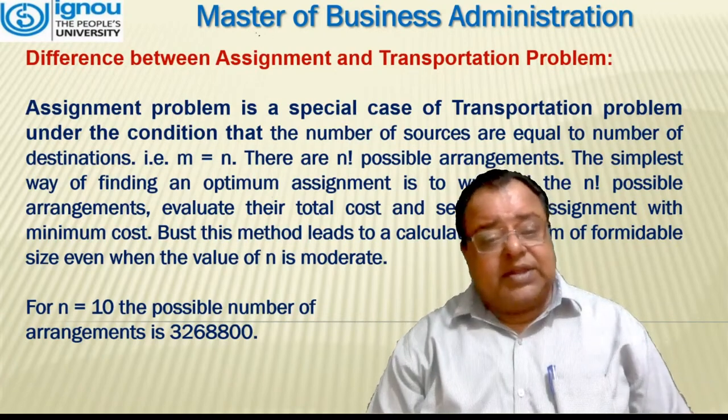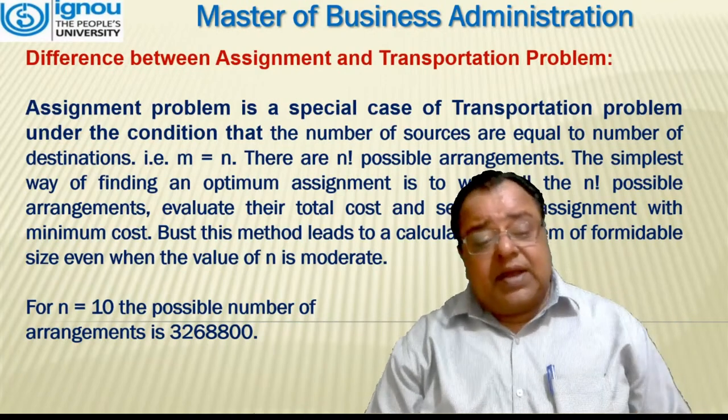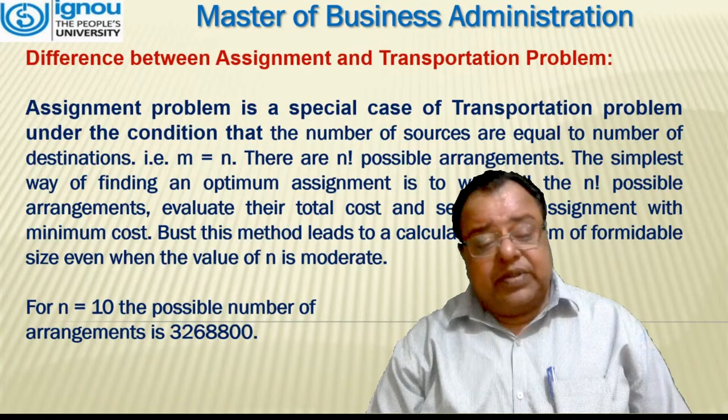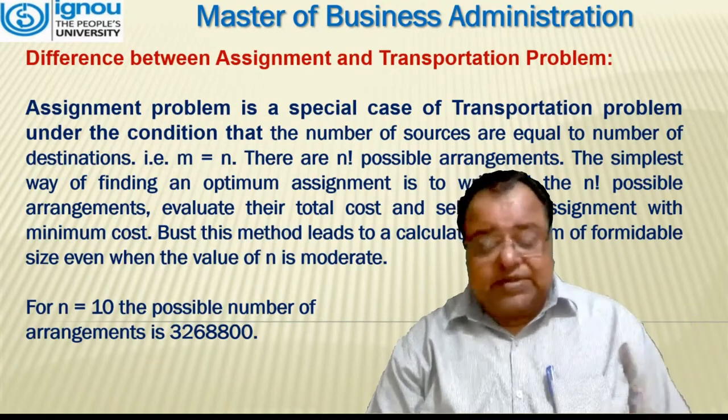But this method leads to a calculation problem of formidable size even when the value of N is moderate. For example, if N is equal to 10, the possible number of arrangements is 3,628,800. So it's a very tedious job.